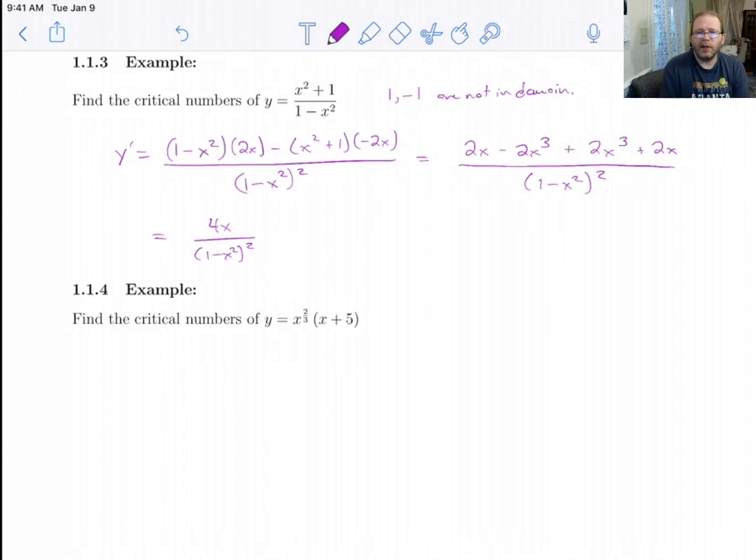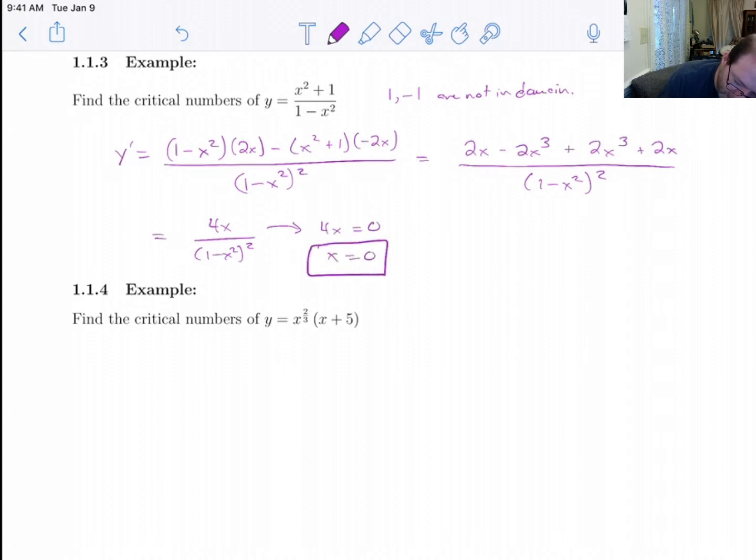All right. So to find the critical numbers, what we need to do is set the top equal to 0. So that gives me 0 as a critical number. We also would set the bottom equal to 0, and take the square root of both sides.